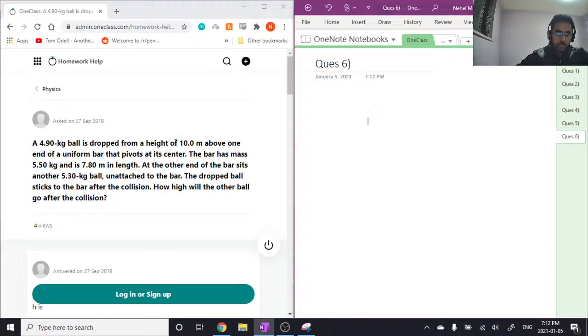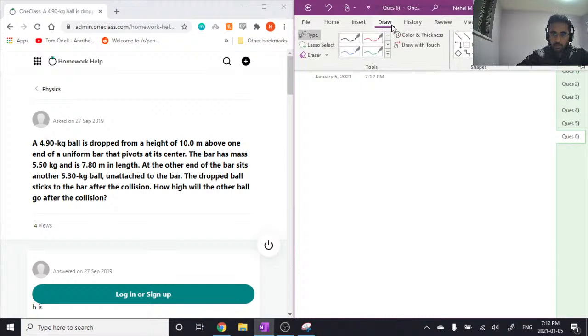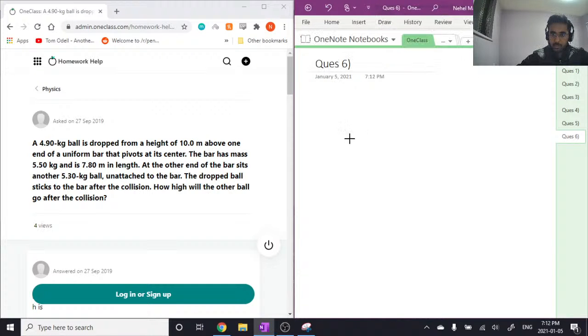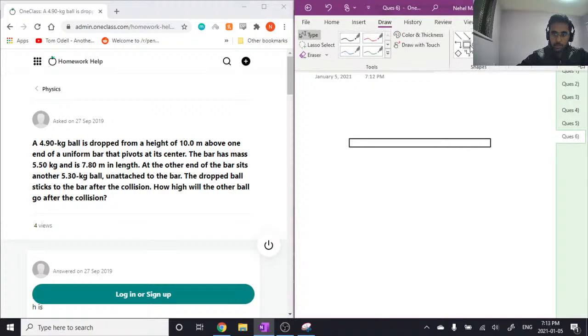A 4.9 kg ball is dropped from a height of 10 meters above one end of a uniform bar that pivots at its center. Let's draw this question as we go along. So there is a bar, and we have a 4.9 kg ball which is dropped.